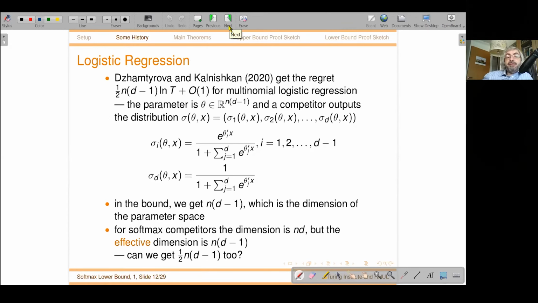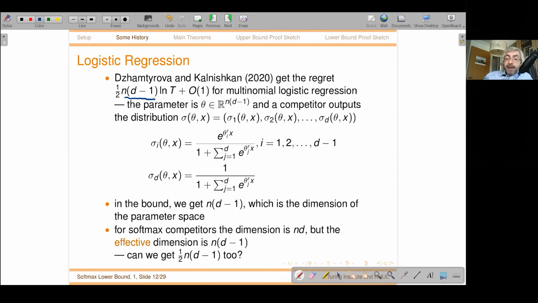Interestingly, if we consider a class of competitors which are logistic regressions, then we can get a regret of 1/2 n times (d minus 1) logarithm of time. Here n(d minus 1) is the dimension of the parameter for the logistic regression.